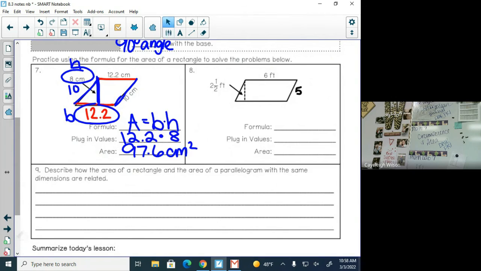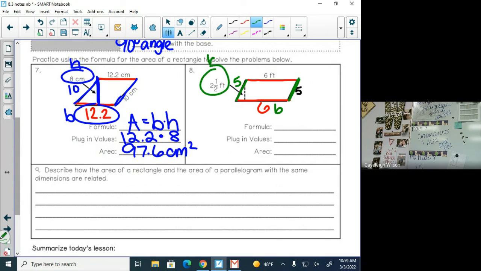Okay, so looking at number 8, if this is 6, then what's this? 6. Right? If this is 5, what's this? 5. Okay, somebody else besides Bryant, raise their hand. What is the base, Chevy? 6. And Timmy, what's the height? 2.5.